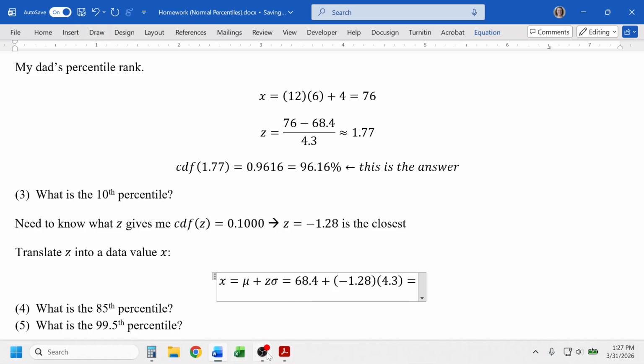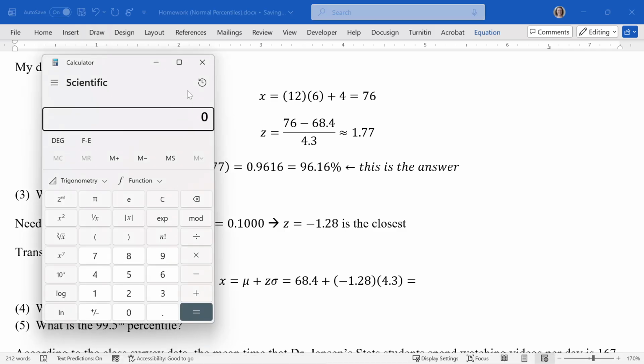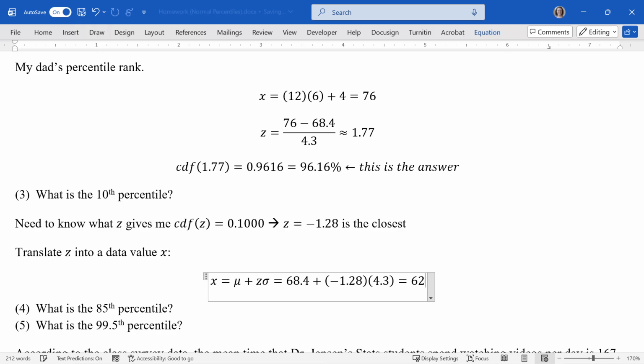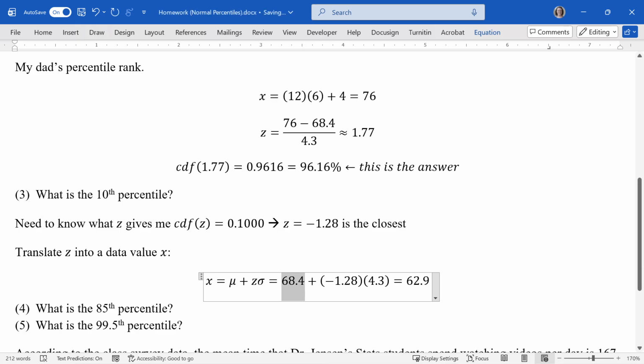So I'll do 1.28 negative times 4.3 first, and then add 68.4 to that. I'm getting 62.9, rounded to one place to match these numbers. So that is the height I'm getting for the 10th percentile.